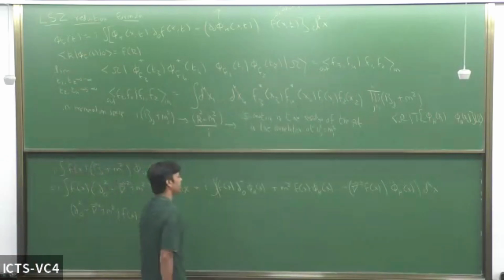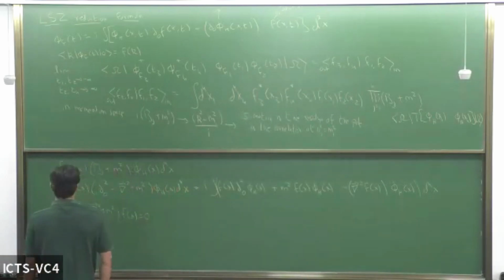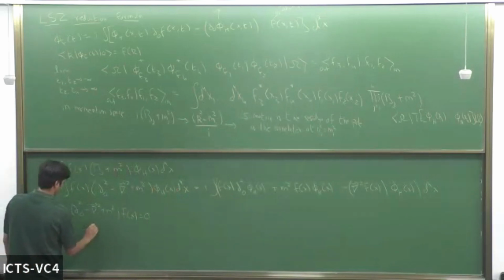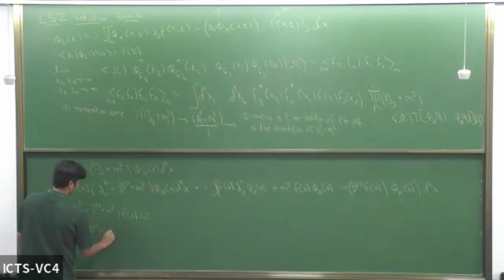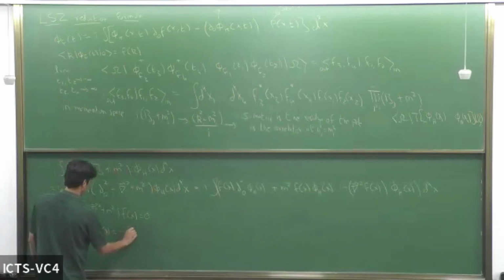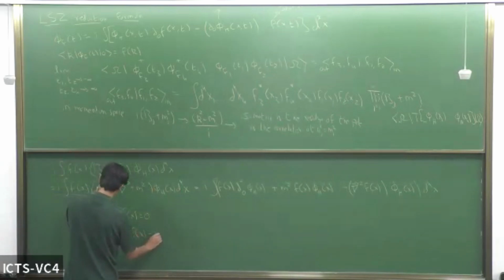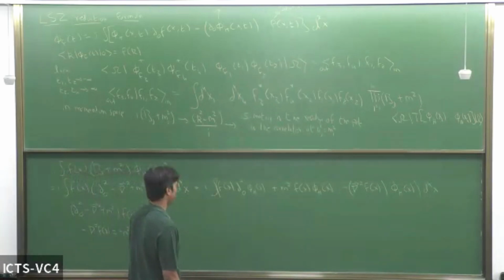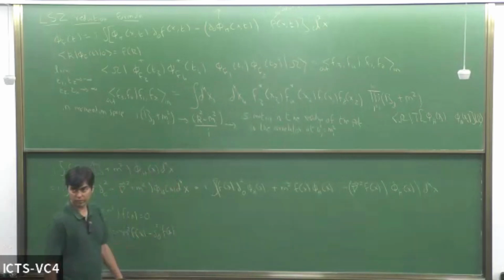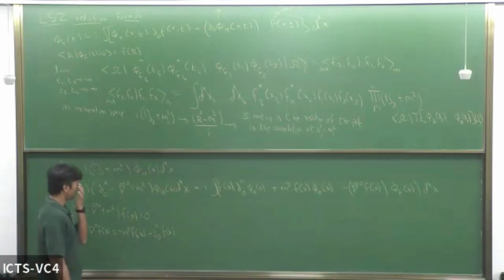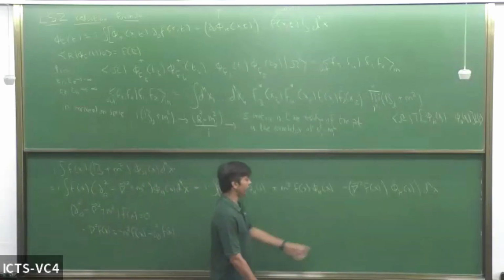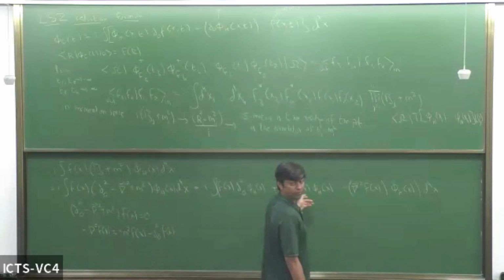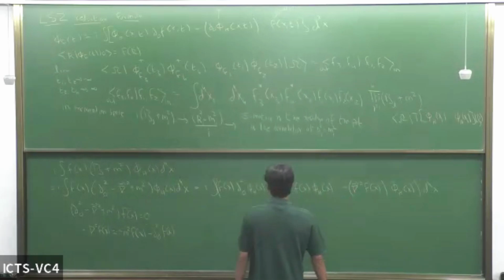Therefore, instead of having minus del squared f of x, I could just substitute minus m squared f of x minus d0 squared f of x. Now notice if you put minus m squared f of x here, that cancels off this m squared. There's another term that remains.